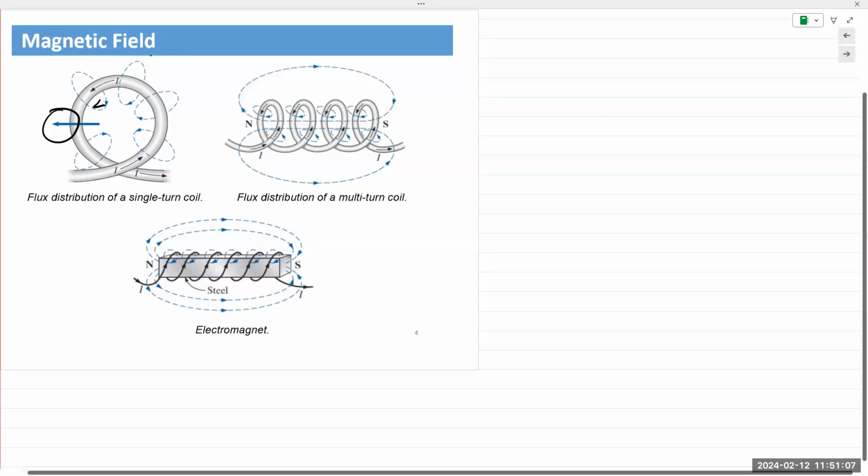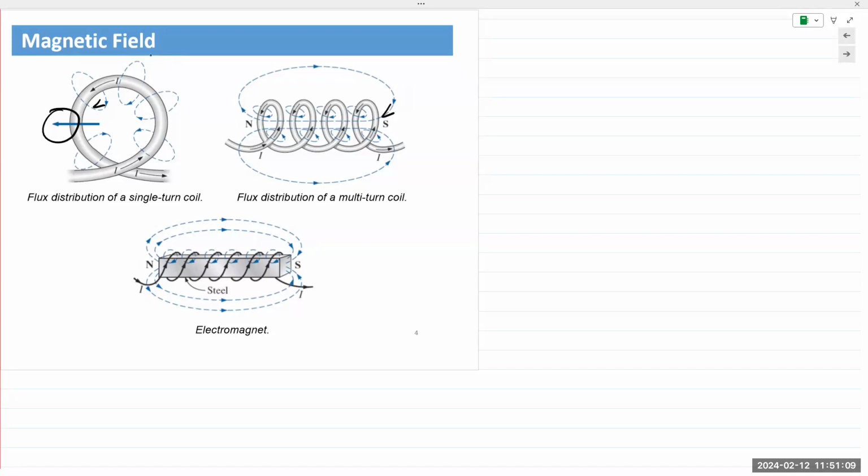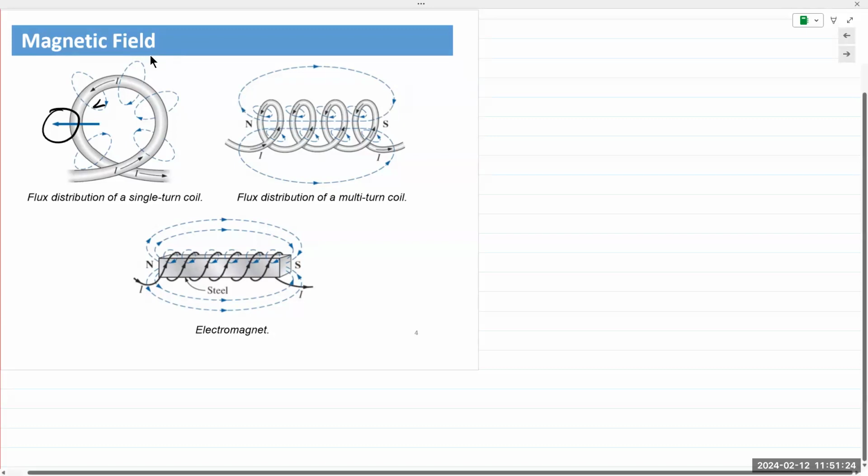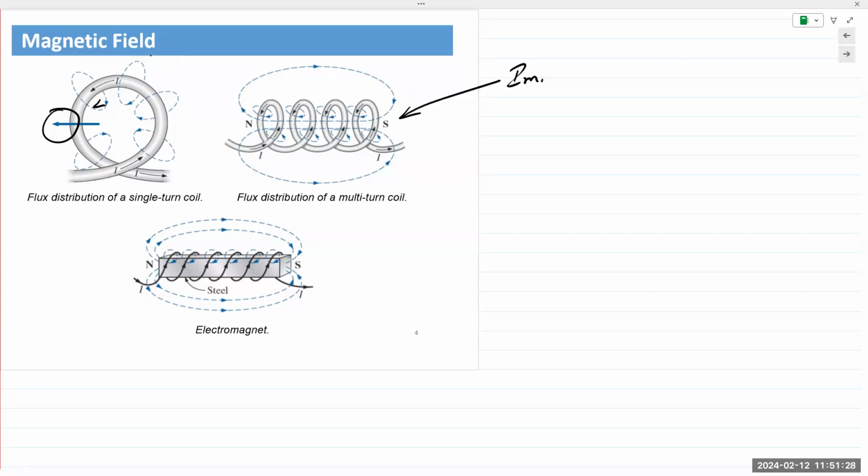But we say that they're entering from the right and exiting from the left. They imitate the magnetic field of a permanent magnet, so it has a north and a south pole. So this magnetic field imitates a permanent magnet.